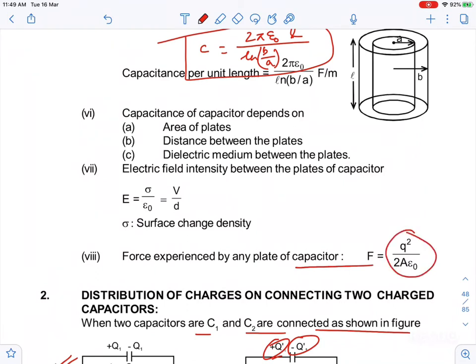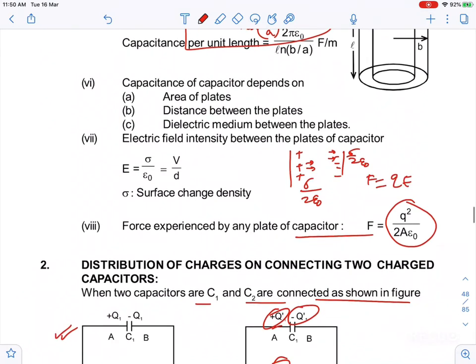Okay. Now guys, next thing to keep in mind is the force experienced by any plate of the capacitor. The electric field due to one plate, as I already discussed in this lecture, is sigma by 2 epsilon naught. Force is charge into E, so if you multiply this electric field by Q, it gives the force experienced by the plate.